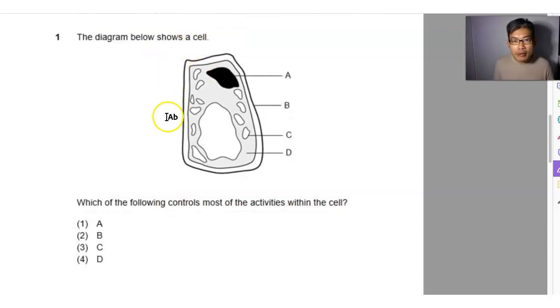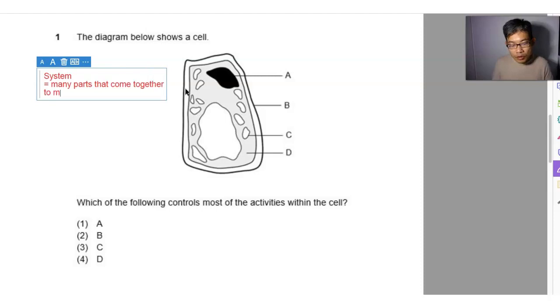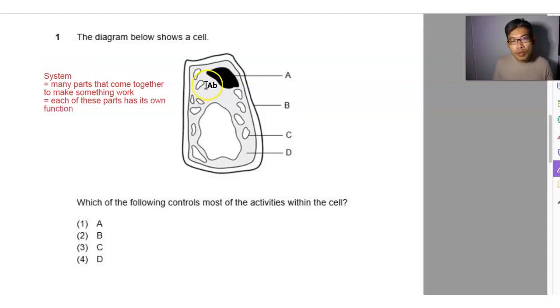Now this cell contains many parts. As we talk about a system, what is a system? A system means there are many parts that come together to make something work, and each of these parts has its own function. So for example, A will be the nucleus.